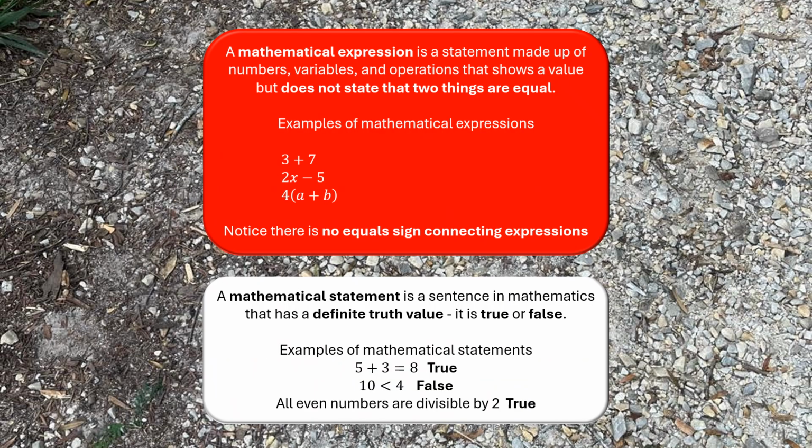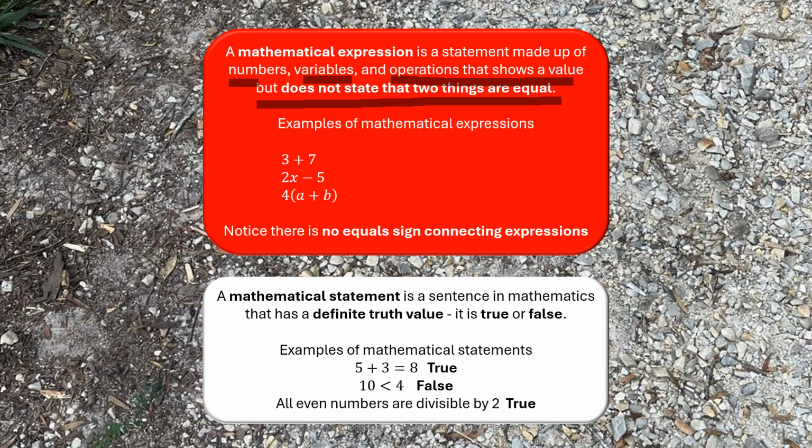A mathematical expression is a statement made up of numbers, variables, and operations that shows a value but does not state that two things are equal. So a little bit of repetition from what I've just said.